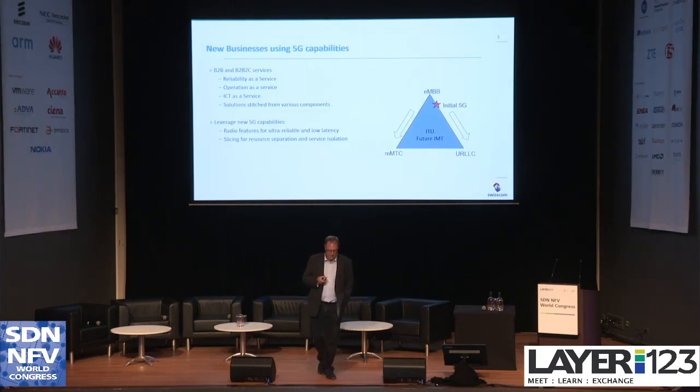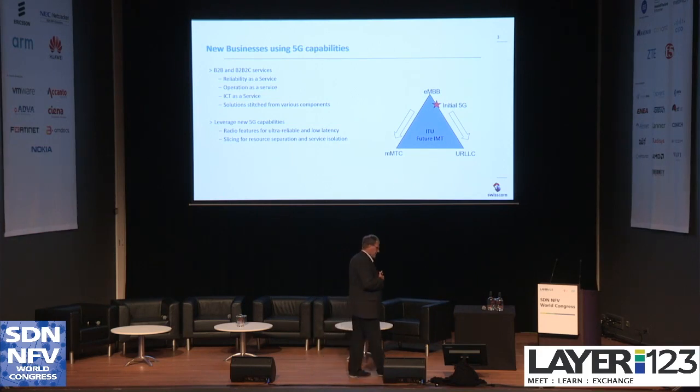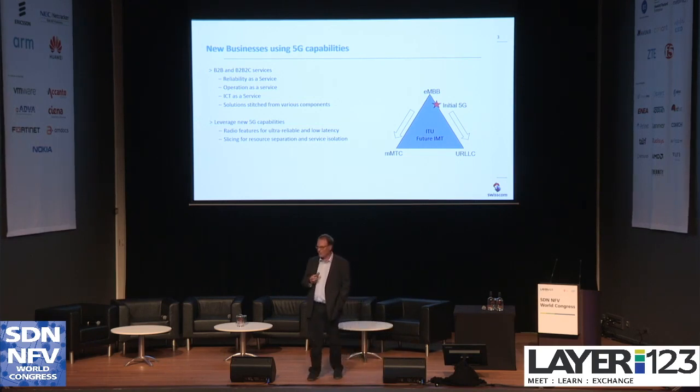I guess many of you have already seen, but 5G was positioned as a technology for generating new business. We hope that's still true. The initial 5G, from a business perspective, is a no-brainer: more capacity, everybody needs that, so that's not a big issue.